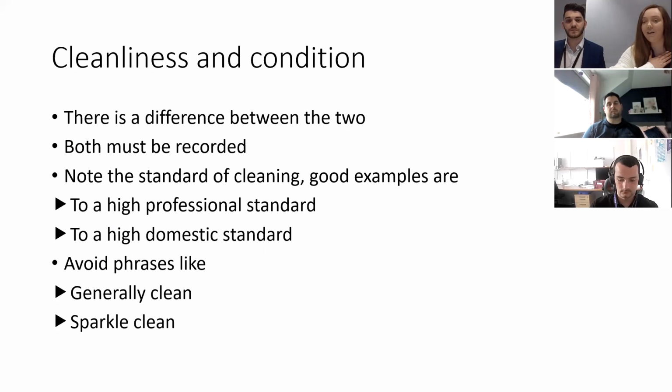I'm sure my idea of a general clean is very different to David's idea of a general clean. Definitely is. And as I say, a sparkle clean doesn't really say what it's doing. It leaves a lot of room for interpretation for the adjudicators. So try and avoid any phrases like that.